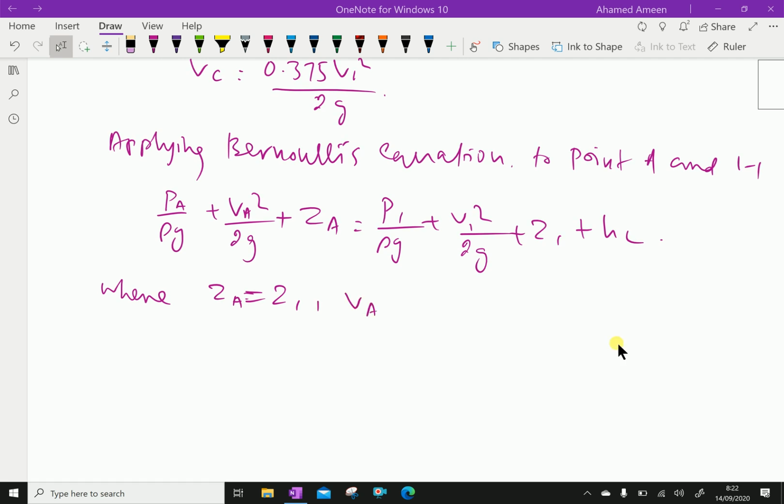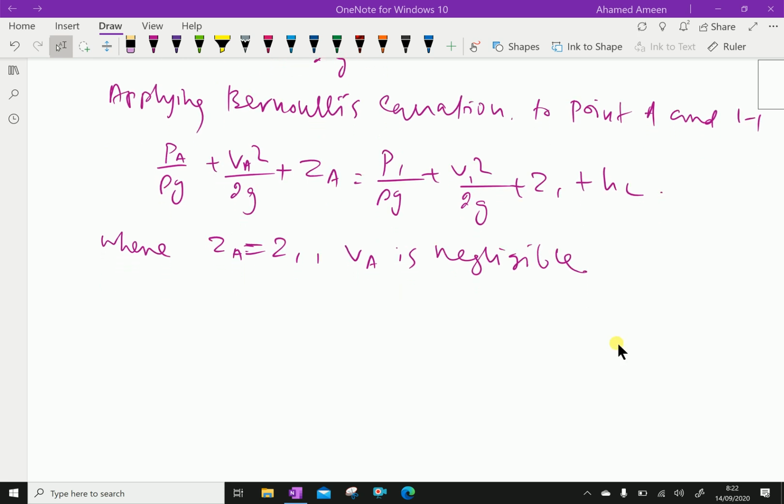At section A, velocity is negligible. Also P1 by rho g is the atmospheric pressure head. Because this is an open tank, this is equal to 0.